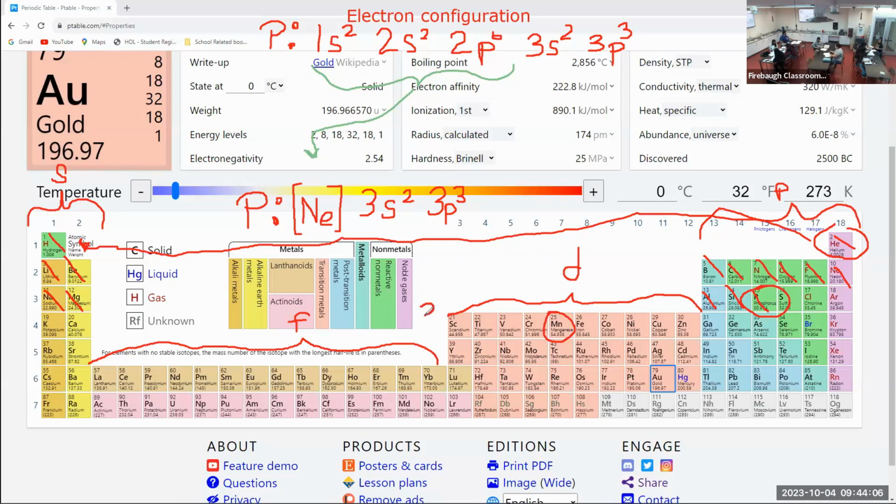So it's going to start off at 3d, even though we're in the 4th. So that's going to be our 3d. This is going to be our 4d, and then this down here is going to be our 5d. This is going to be our 6d.